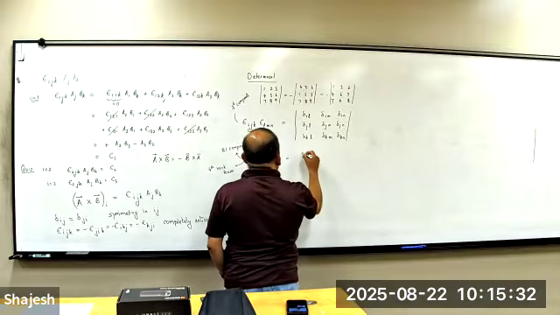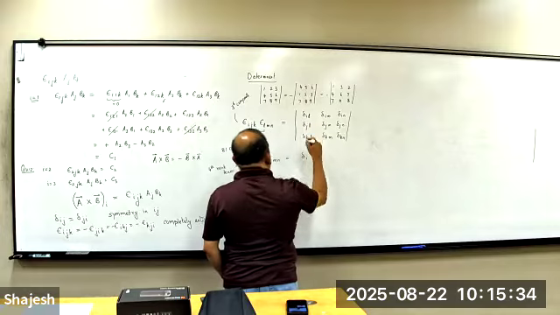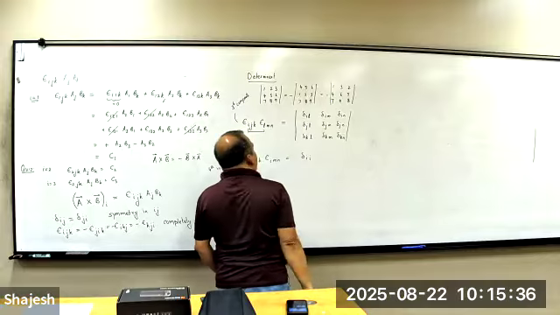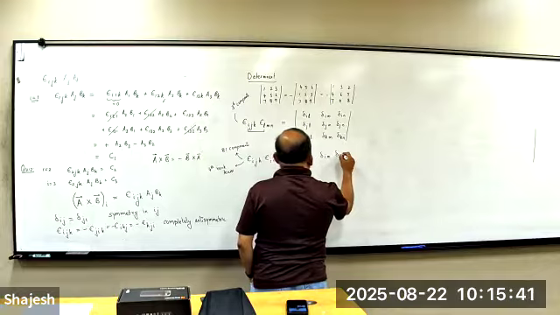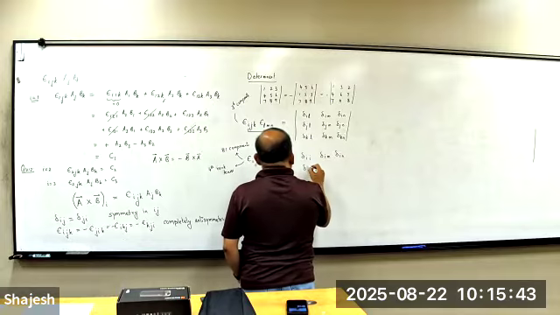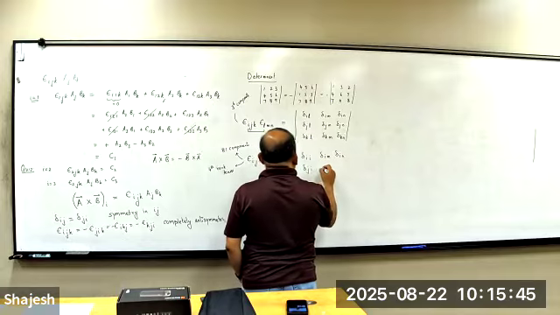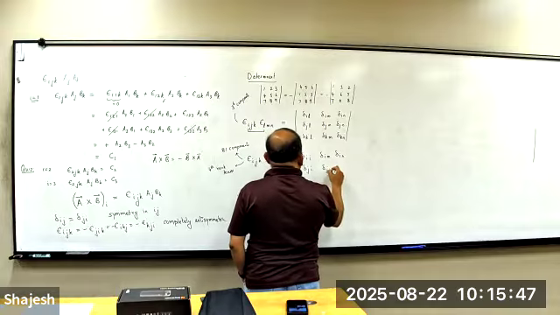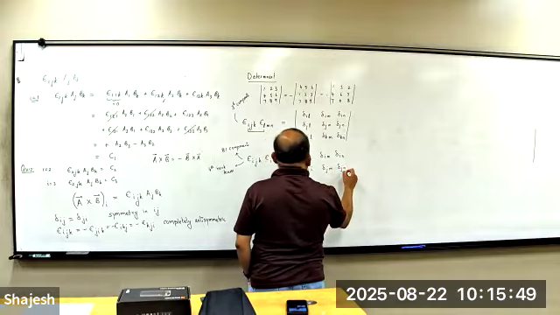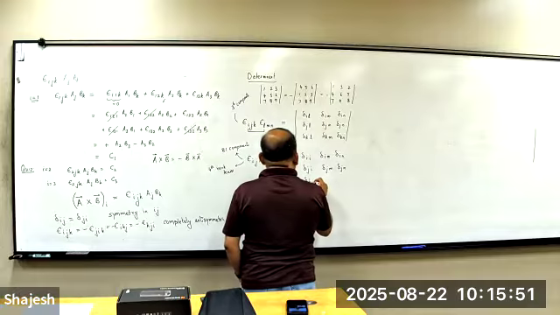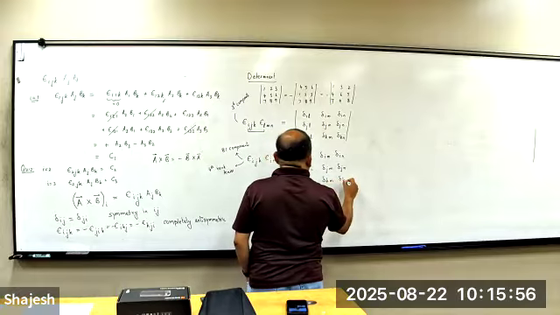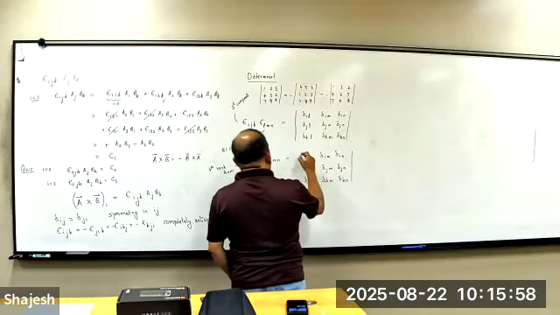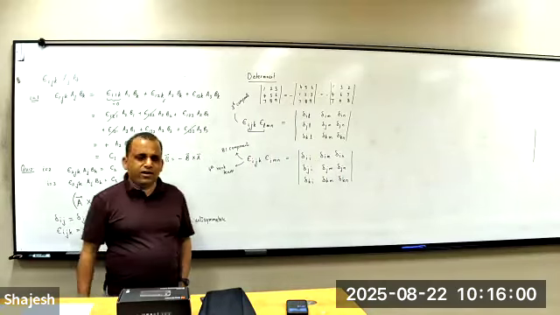The only difference is I just have to replace wherever L shows up, I have to write I. This is delta I I, I M, I N, delta J I, J M, J N, delta K I, K M, K N. Wherever there was an L, I replaced it with I.